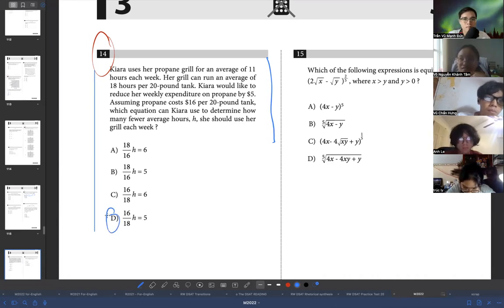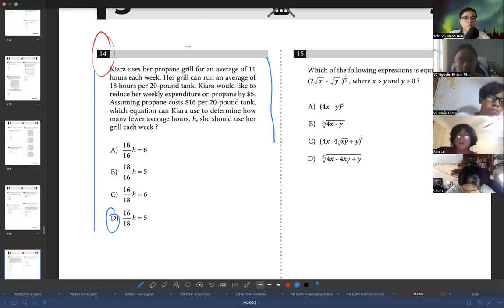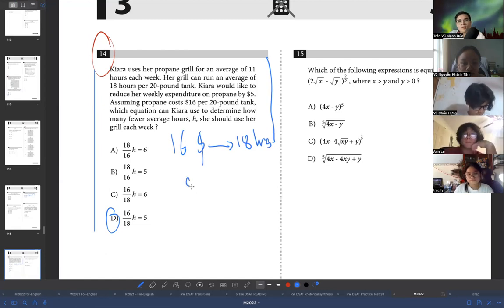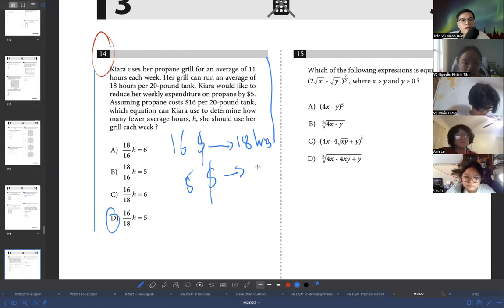So I wrote that for $60 we have 18 hours, and for $5 we have 8 hours. For $5 you have what? 8 hours? Okay, letter H for hours.